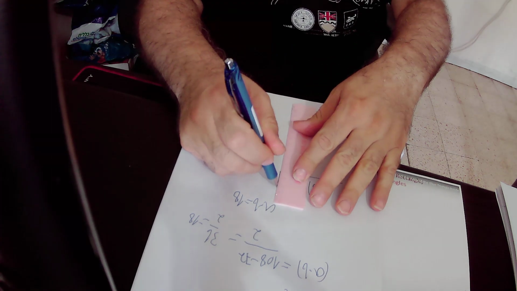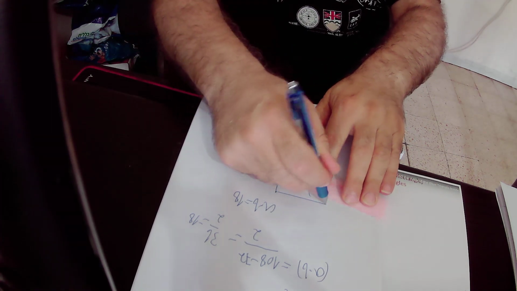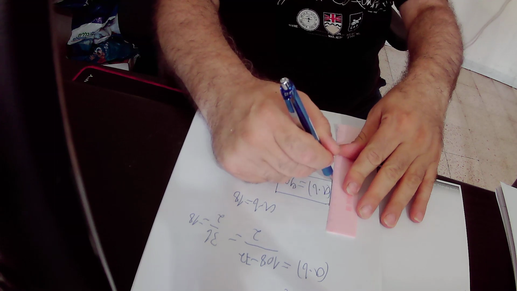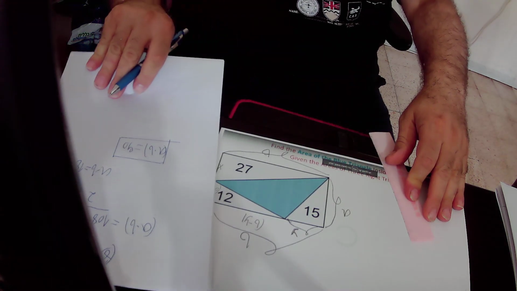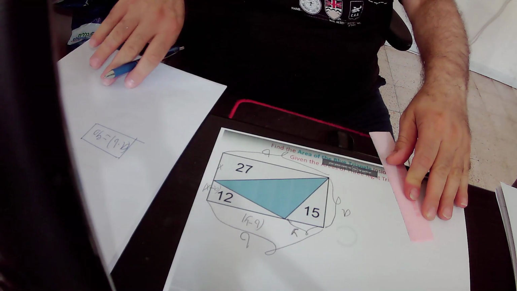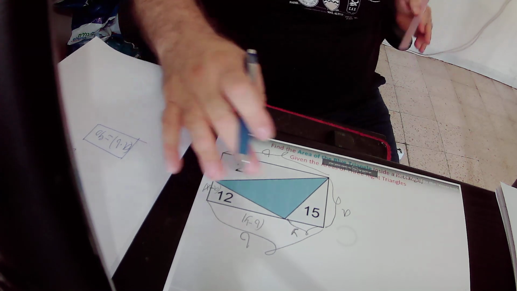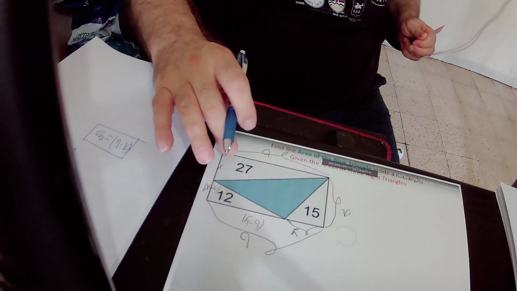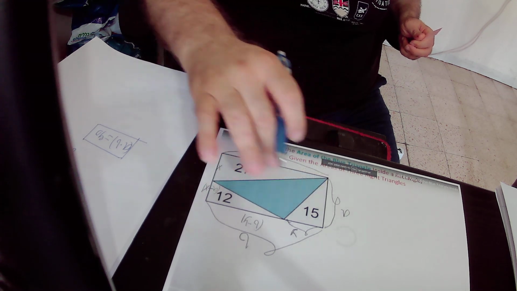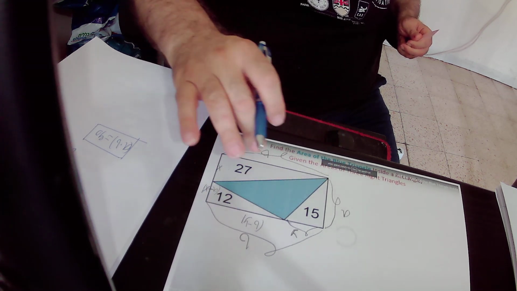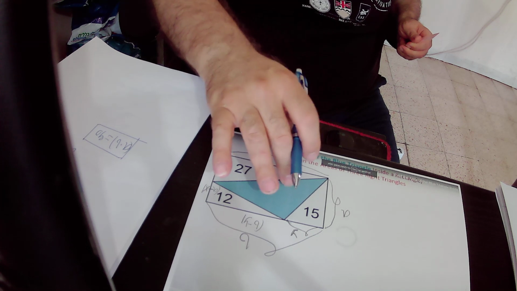So we found out that the area of the rectangle is 90 units, and as I already told you, the area of the rectangle minus the sum of the areas of those 3 right triangles equals the area of the blue triangle.